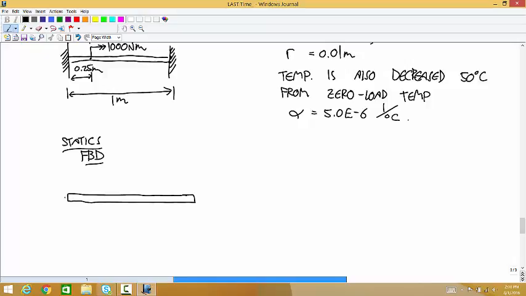So at the left, I'll call this fancy TL and RL. And then we have the torque of 1,000, the horizontal force of 4,000. And then on the right end, we have a reaction.